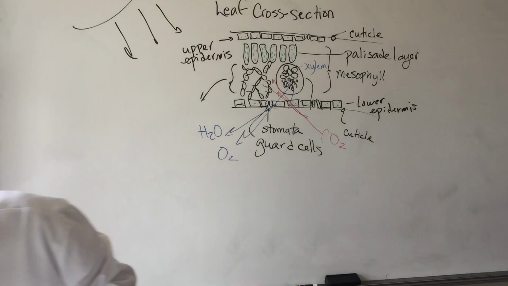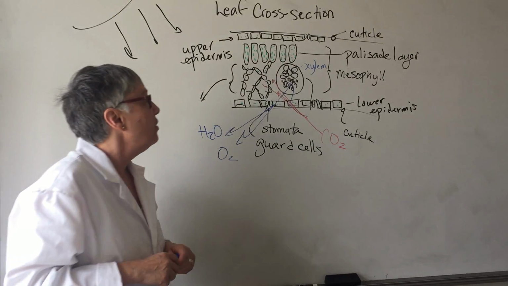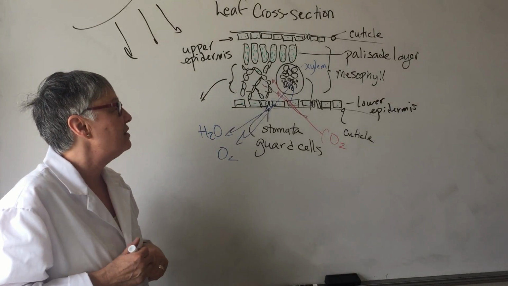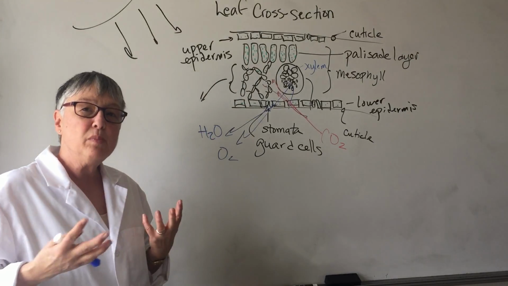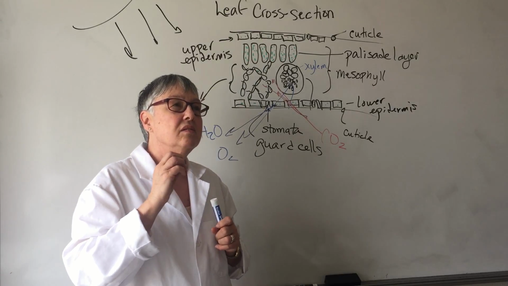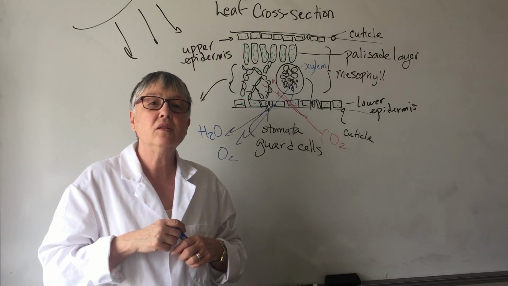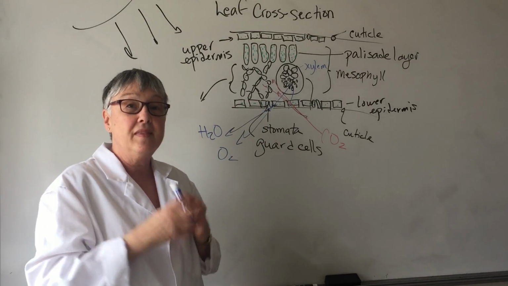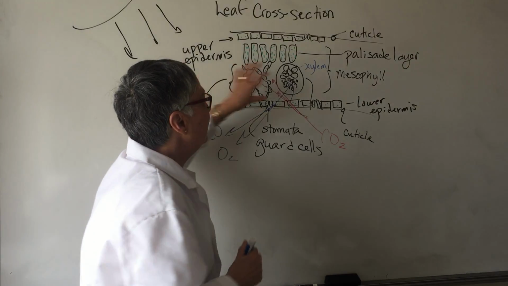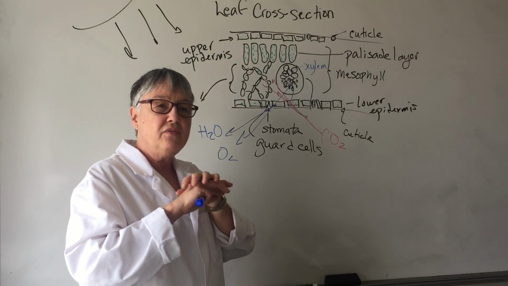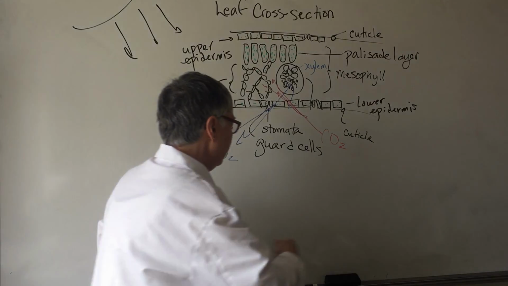Okay. One more thing I want to point out, and that is the overall shape of a leaf is determined by the location on the entire earth of that plant. So we're looking here at a leaf that we would call a deciduous leaf, very flat, thin blade.